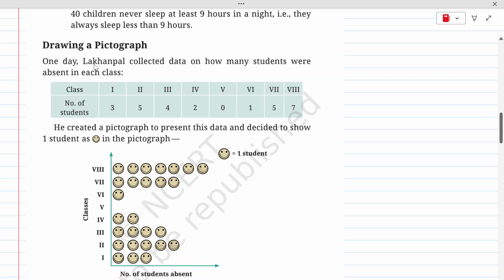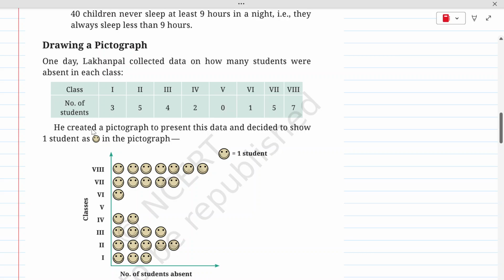The classes given to us are class 1, class 2, class 3, 4, 5, 6, 7 and 8. So we have data from 1st to 8th class. The number of students absent in class 1 is 3, in class 2 is 5, in class 3 was 4, and so on, as given in this table.